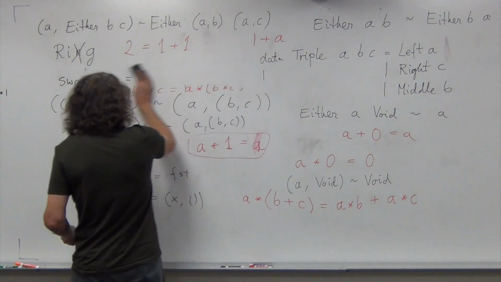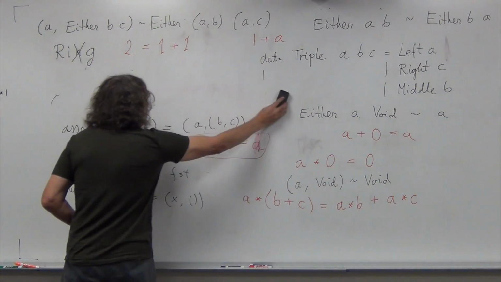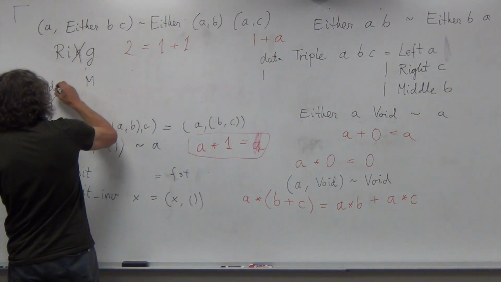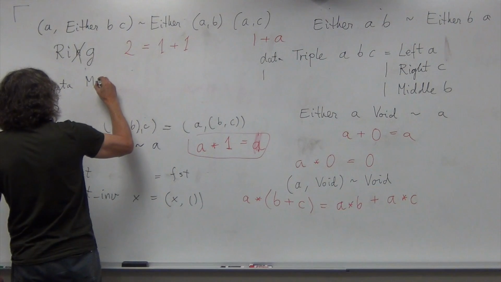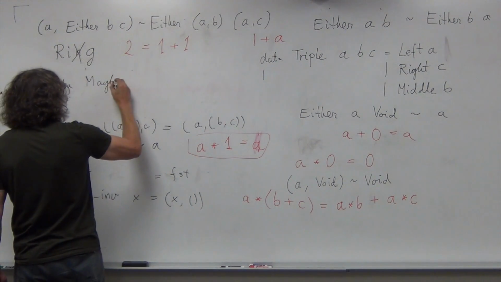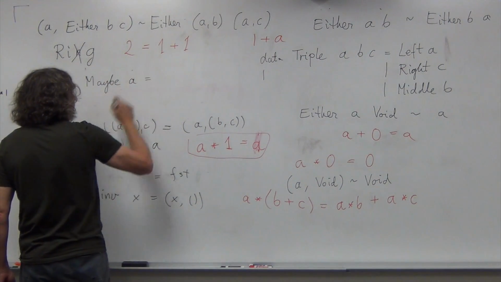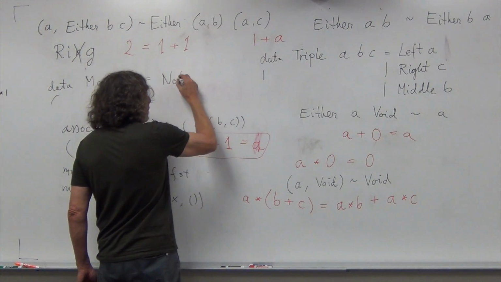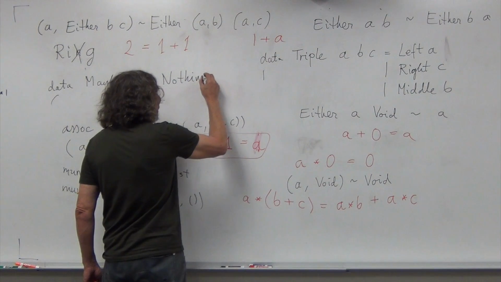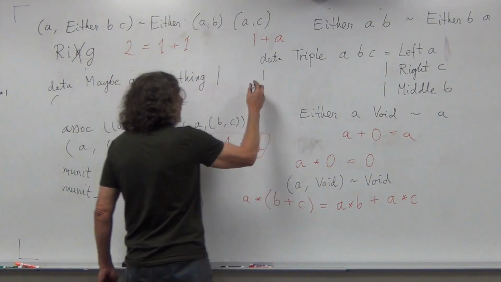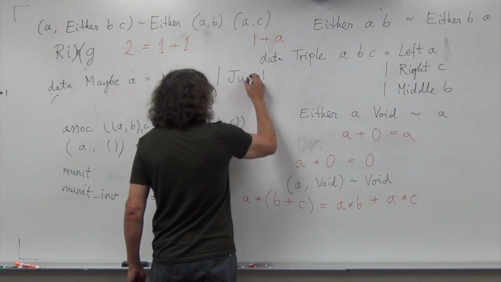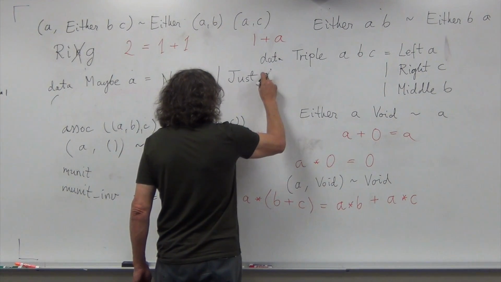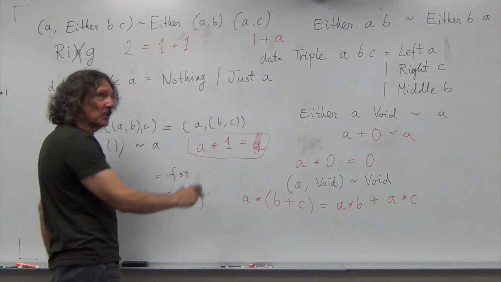So data Maybe of A equals either Nothing or Just A. So it has 2 constructors.